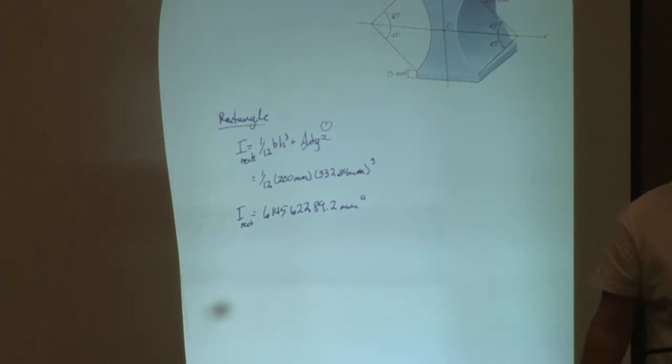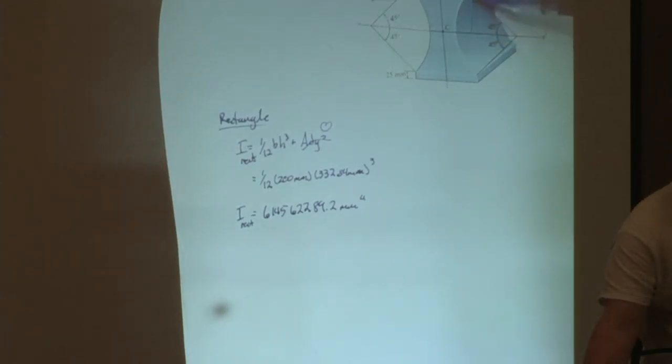Question. To get the height, do you just do 200 times sine 45? I'm trying to figure out how you got that. Yeah, so these are just triangles. You just do that triangle and then the one underneath it, so you have to fold? Yeah.